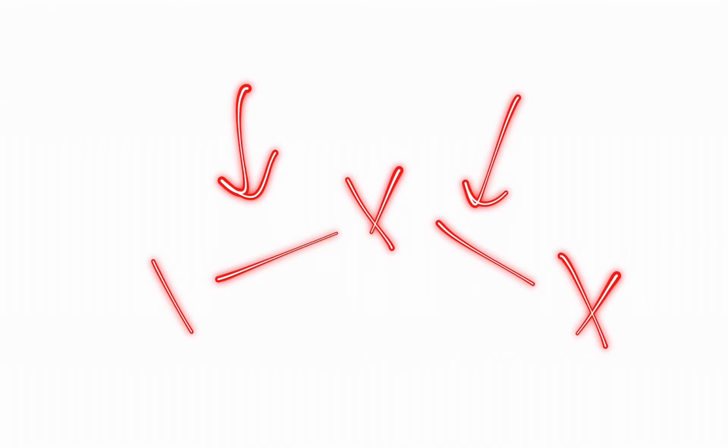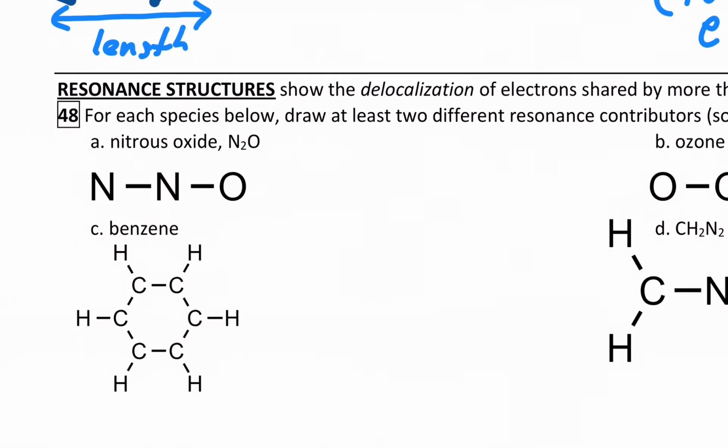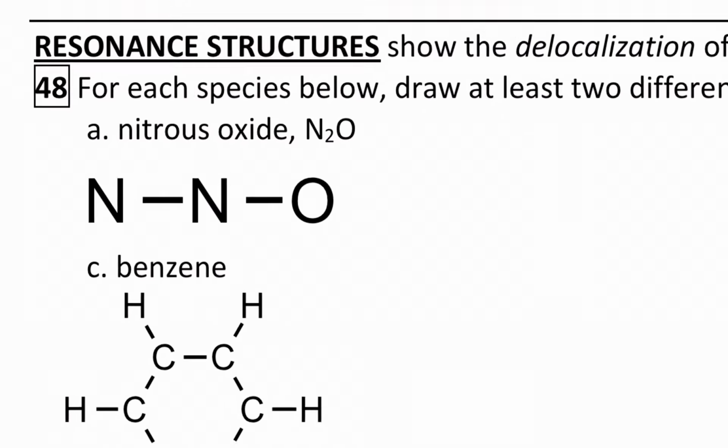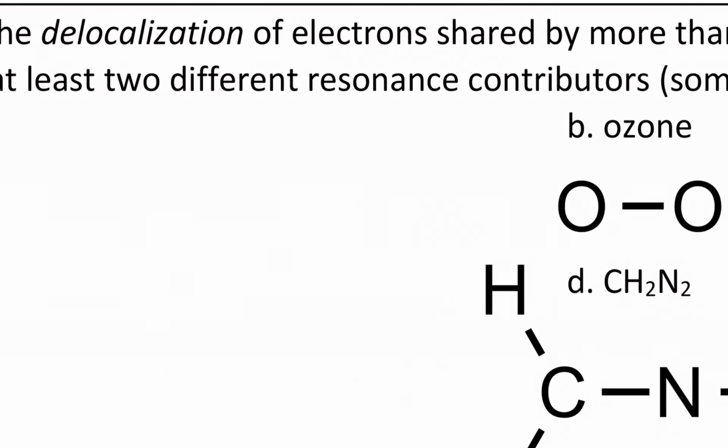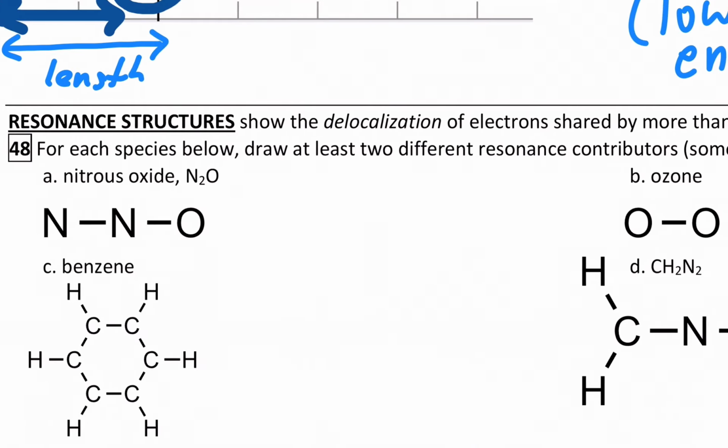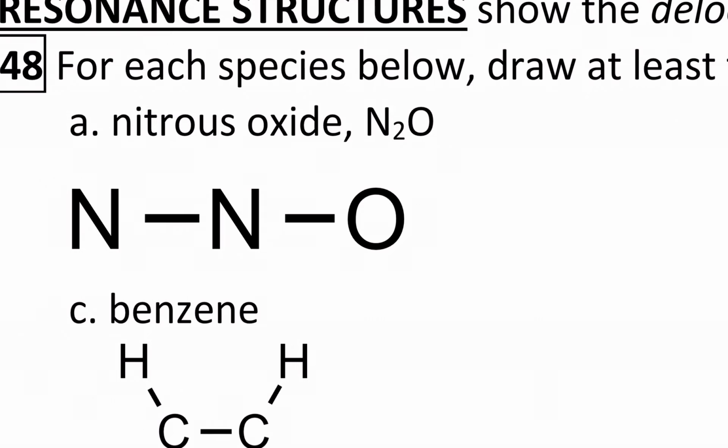So we see this anytime we have pi bonds and lone pairs, and it means there's more than one way to draw a valid structure. So sometimes one Lewis structure is not sufficient. I'll show you what I mean.